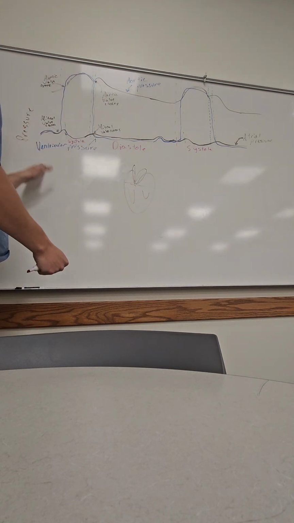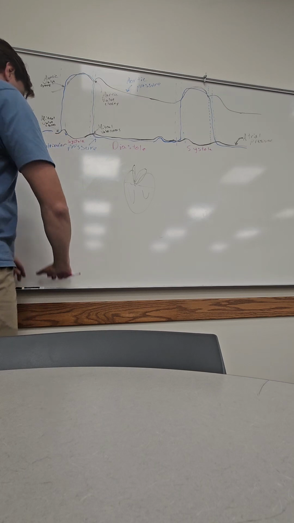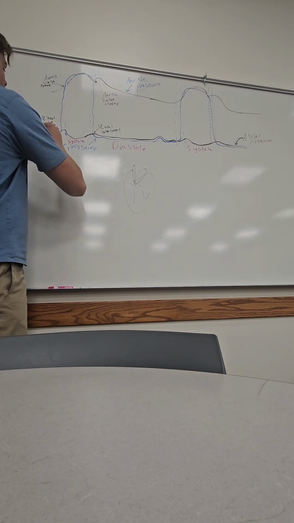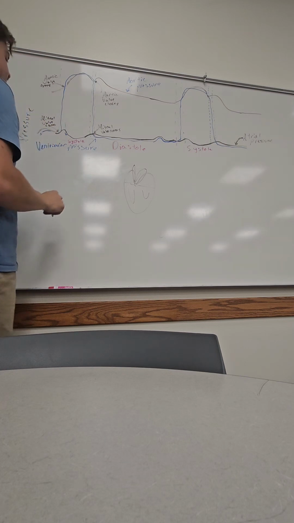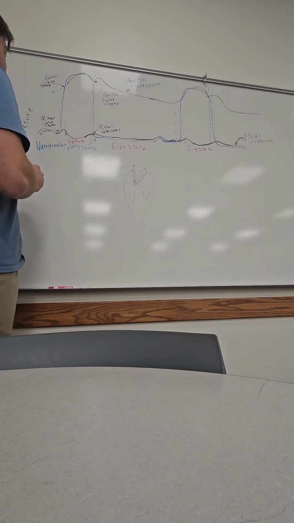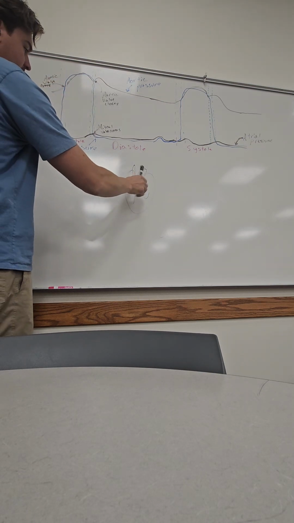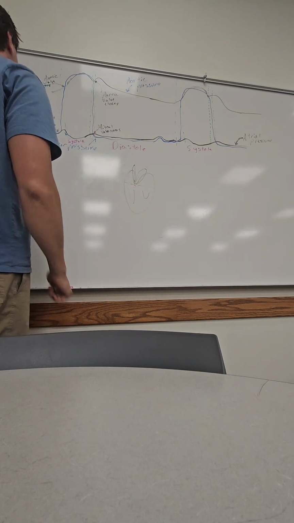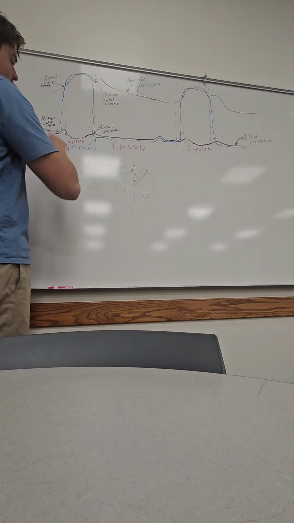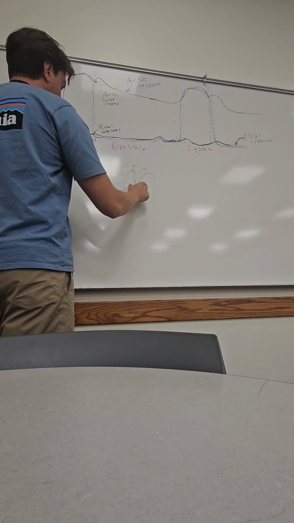So the atria here have a higher pressure than the ventricles. The atria will pump into the ventricles, and as they pump in, the mitral valves, the AV valves, close.